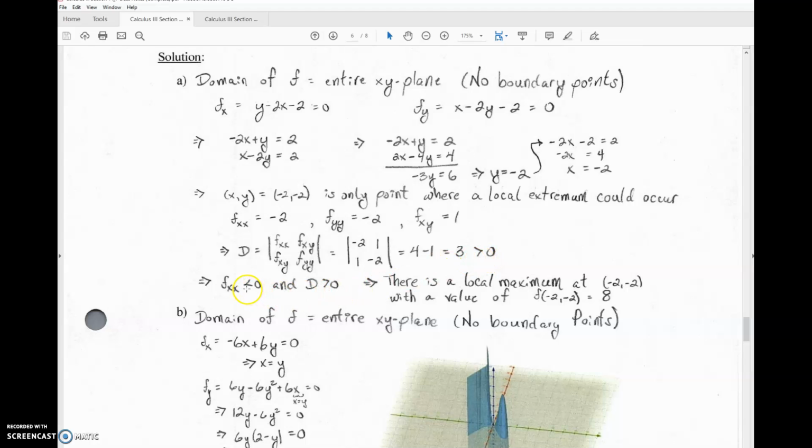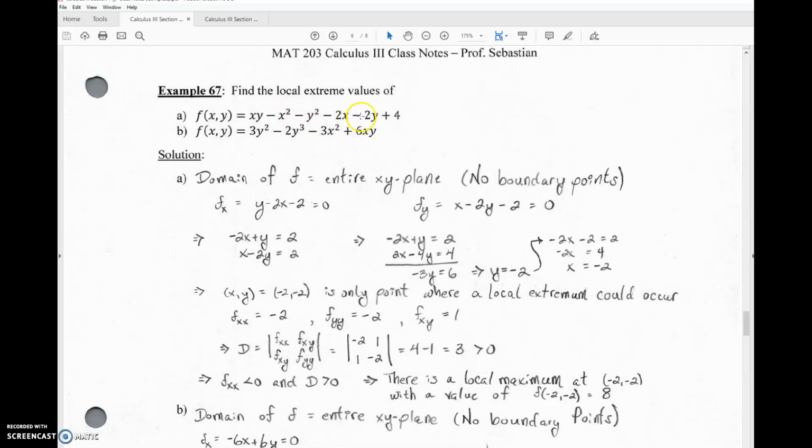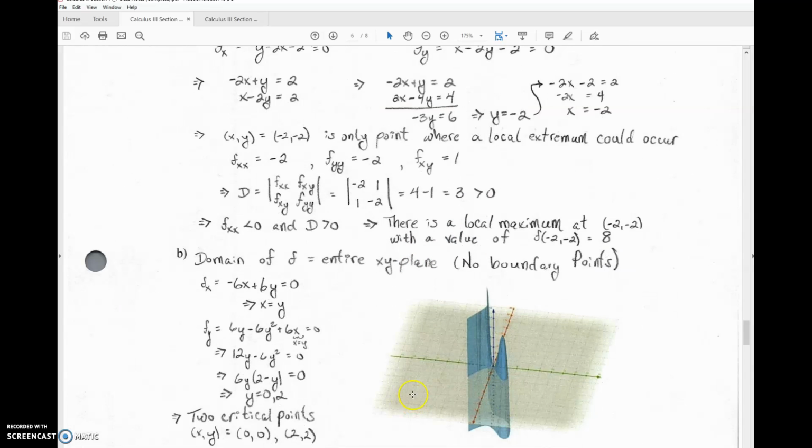So since the second partial of f with respect to x is negative and the discriminant is positive, there is a local maximum at (-2, -2), with a value of f(-2, -2) equal to 8. Just plug in -2, -2 for x and y into the function and get 8.